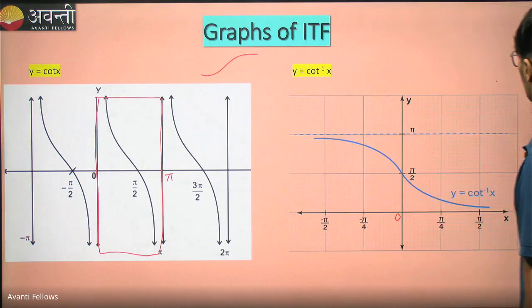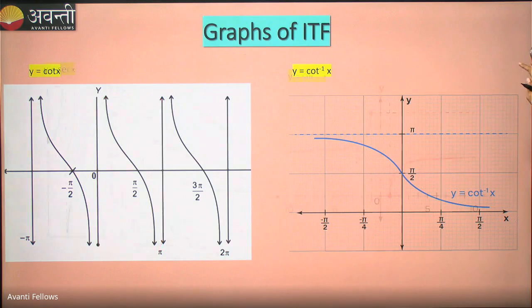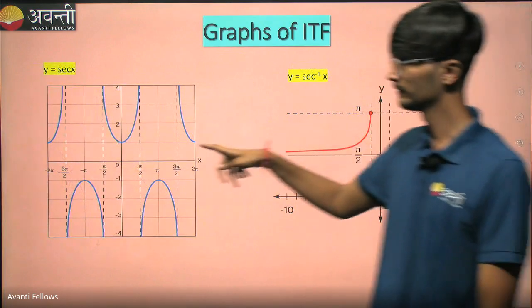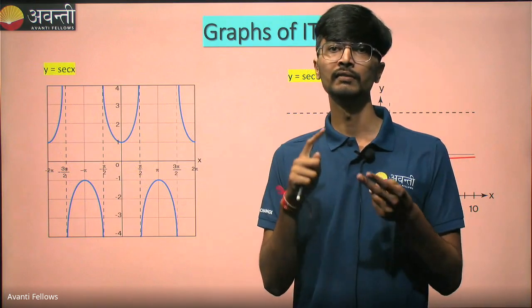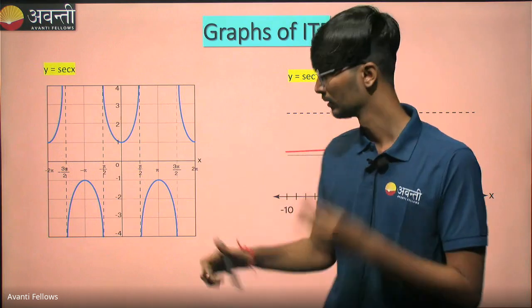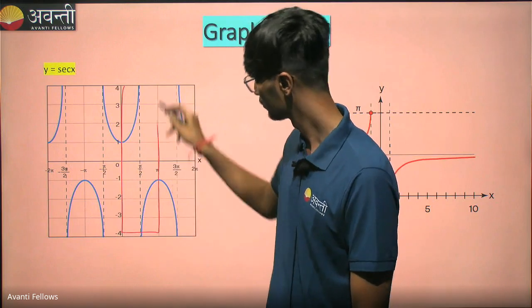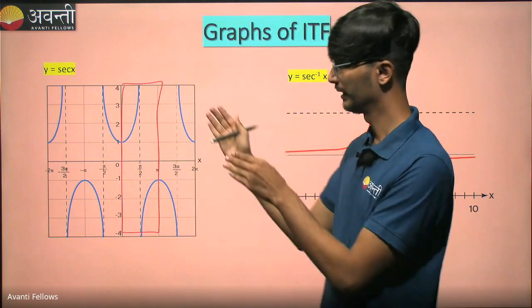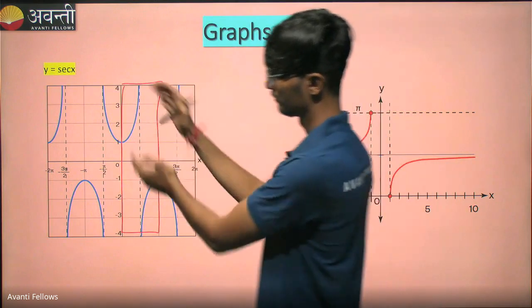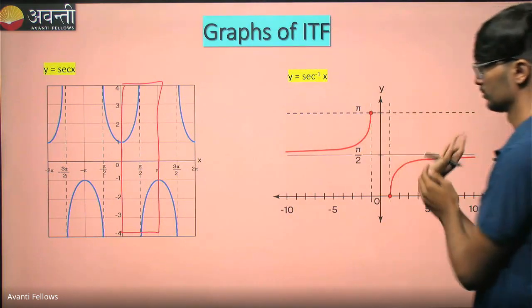Lastly, we can see the graphs which are remaining. Sec. Do you remember sec? Cos inverse, sec inverse, cot inverse: the domain is from 0 to pi. So take this part, rotate 90 degrees anti-clockwise, and take the mirror image. You'll get this.